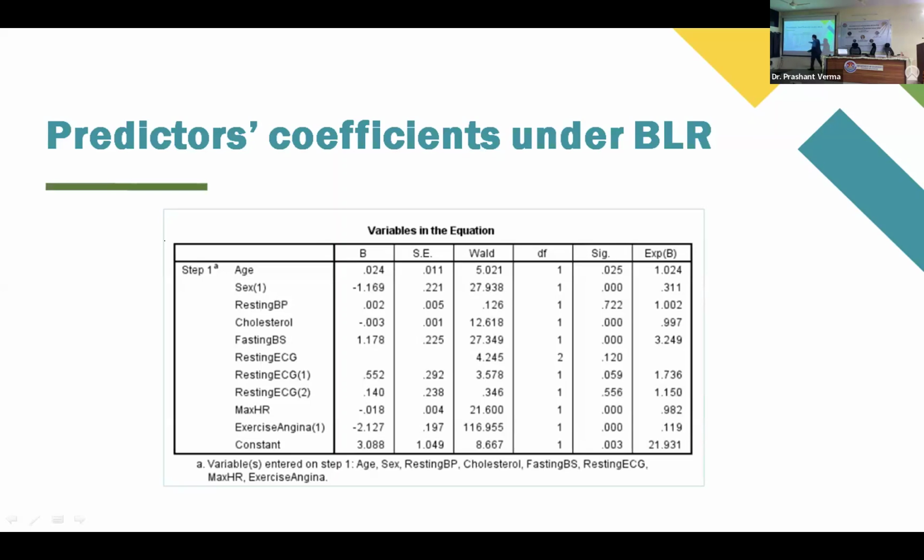So here 1 means the result is in respect of the male, meaning the reference category is male. In comparison to the male, females are having 100 minus 31. Okay. So how much is it?